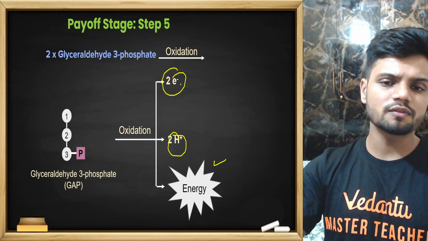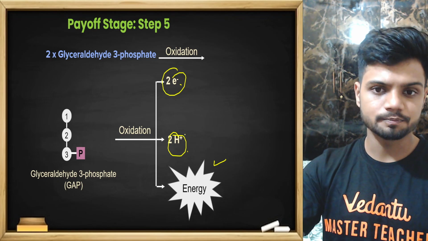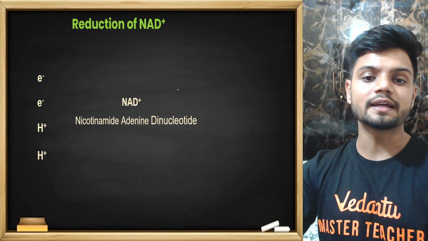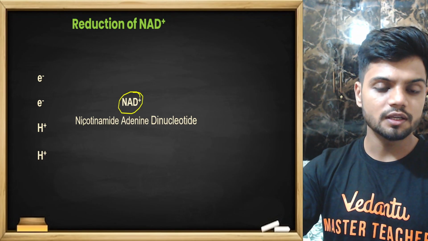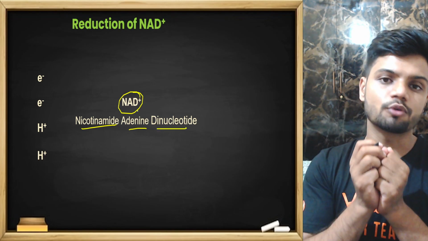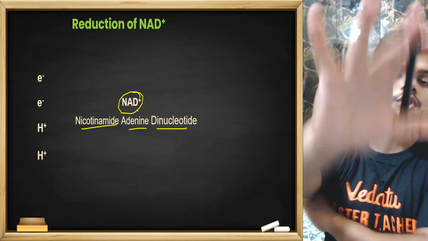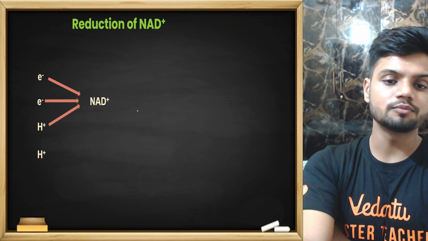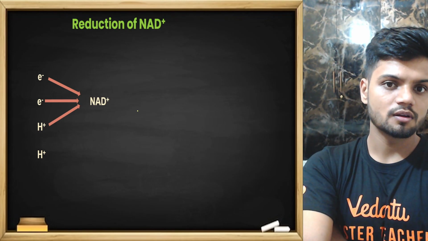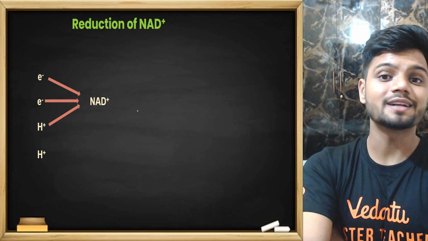Now, what is the fate of these electrons and protons? Who will take them up? These electrons and protons are taken up by your NAD plus, nicotinamide adenine dinucleotide. Now you tell me, what do you call gain of electrons and protons? Gain of electrons or gain of protons is called reduction.